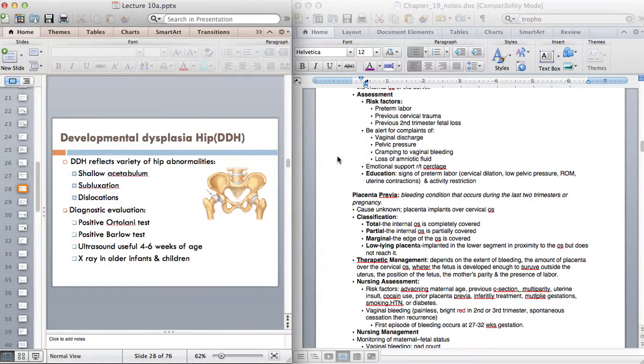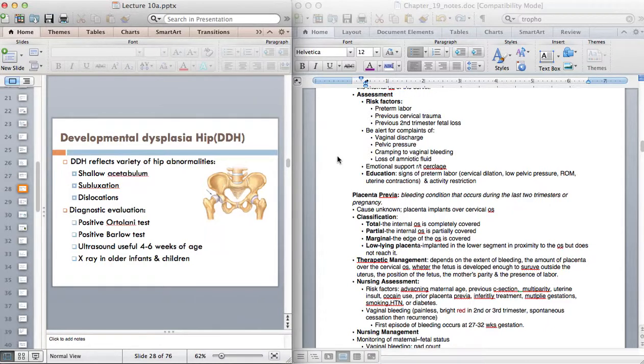How does this manifest? Of course, in the infant, you will notice that one limb is shorter than the other. Like if I hold this infant up like this, I will notice that this leg is longer than this one, so you'll notice that on the affected side.